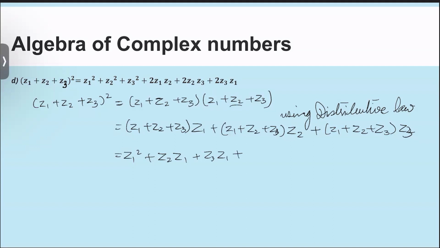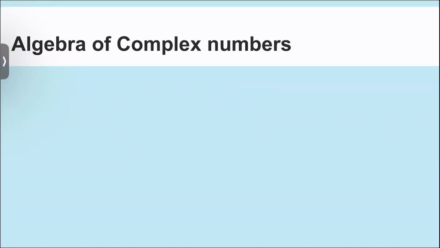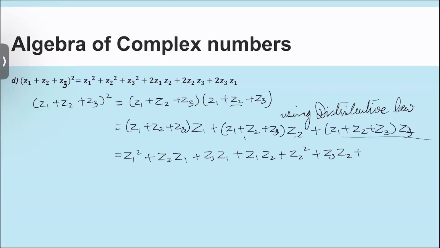Then you have plus Z1 Z2 plus Z2 squared plus Z3 Z2, and then you expand the third and the last term. We have Z1 Z3 plus Z2 Z3 and plus Z3 squared.